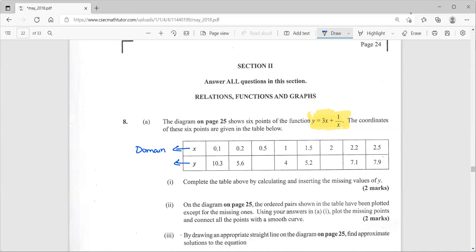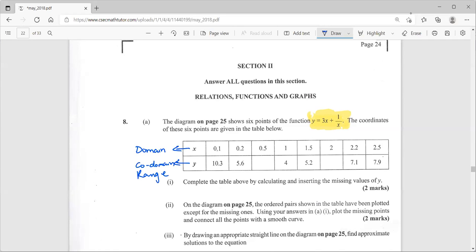Substituting into the function wherever we see x. So this is our codomain or our range. So when I substitute 0.1 into this, I will get 10.3. When I substitute 0.2 into this, I'll get 5.6.